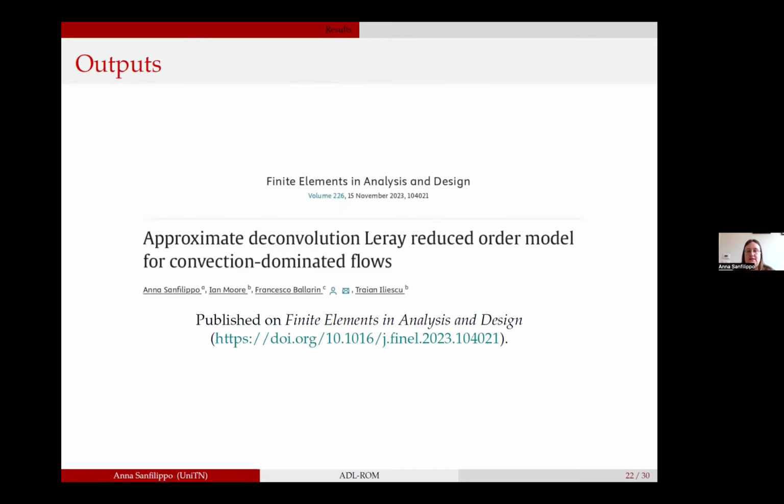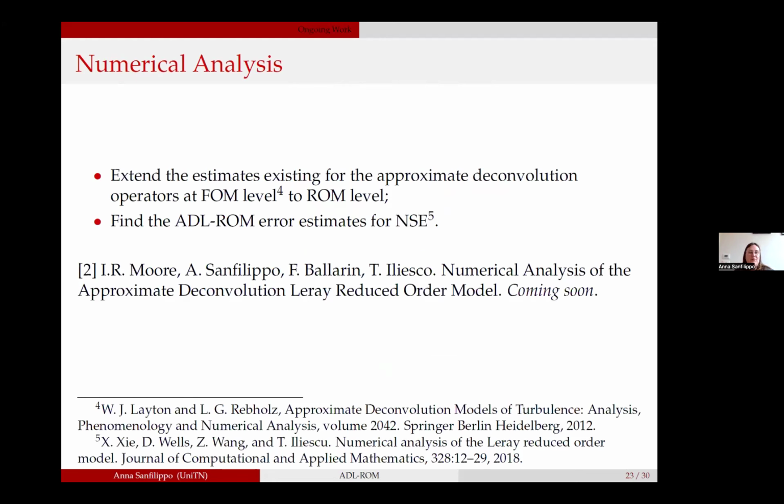And so all these and more details, more graphs and more comments about this part are present in this article. But now we are trying to prove something about the theoretical part.